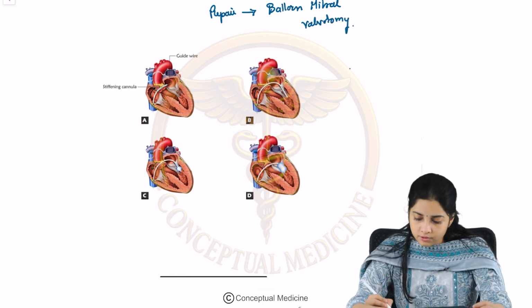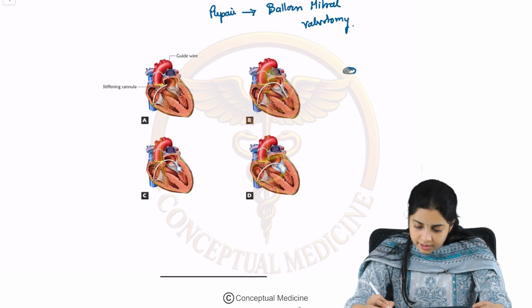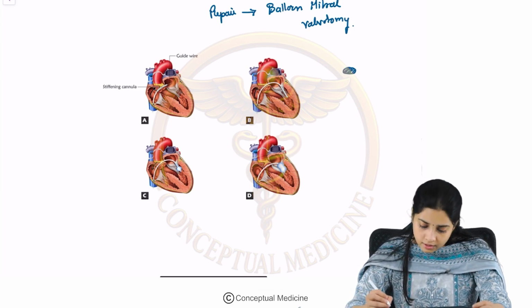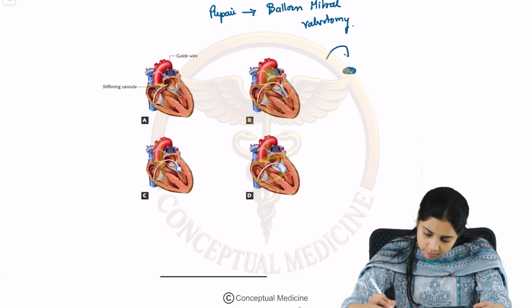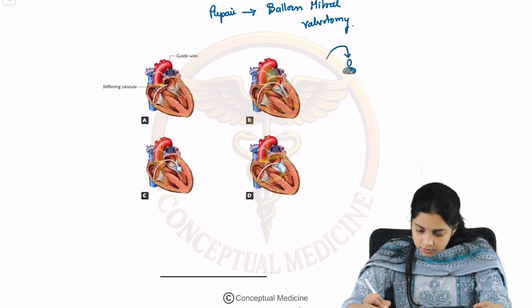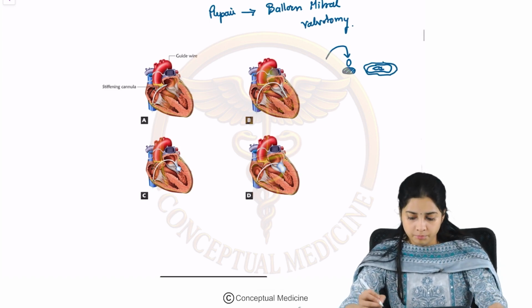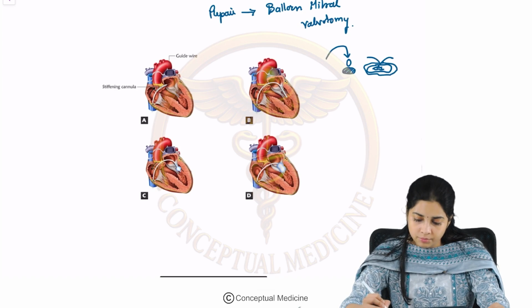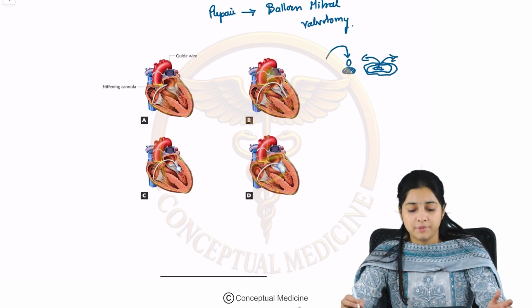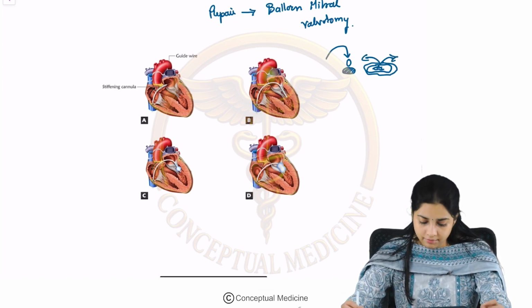So we know that the orifice of the mitral valve is reduced, right? Now if you insert a balloon, then you can perforate and you can cause expansion, or the valve can open, right? So the valve can open up more. So this is the whole principle behind this balloon mitral valvotomy.